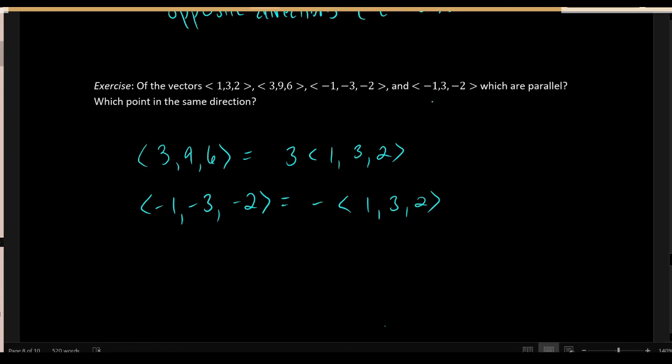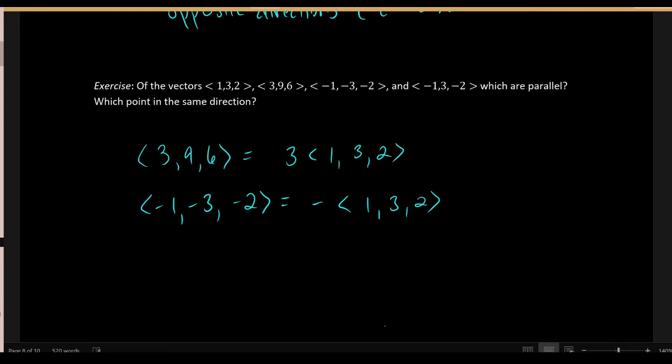However, if I scale <-1, 3, -2>, I will never be able to get that scaled version of that vector to equal any of the first 3 vectors, because the signs in the fourth vector don't work out. The signs in the first 3 vectors are always the same for all 3 components, whereas vector number 4 has a change in the y component.